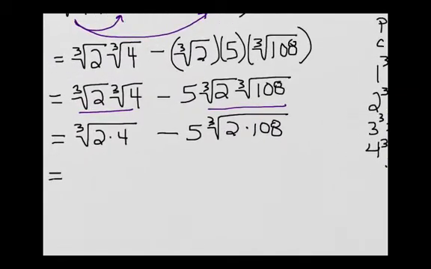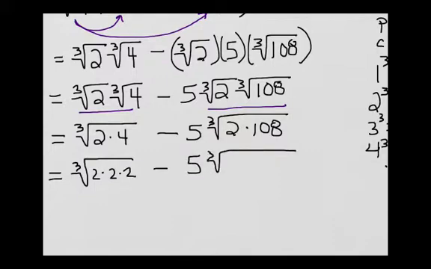Over here we can see in this first term that if we multiply the 2 times the 4, we would get the cube root of 8, and that would be a perfect cube that we could simplify, or we could also think of this as 2 times 2 times 2. That will also help us simplify. And over here we have 5 times the cube root of 2 times 108.